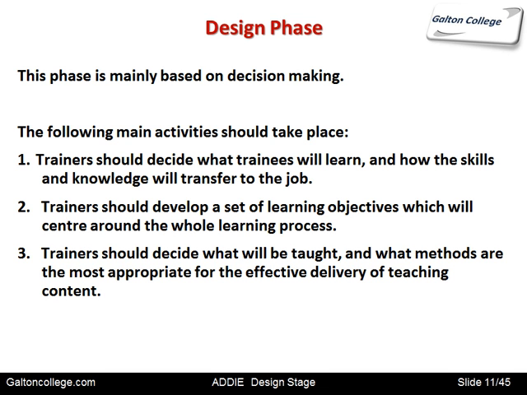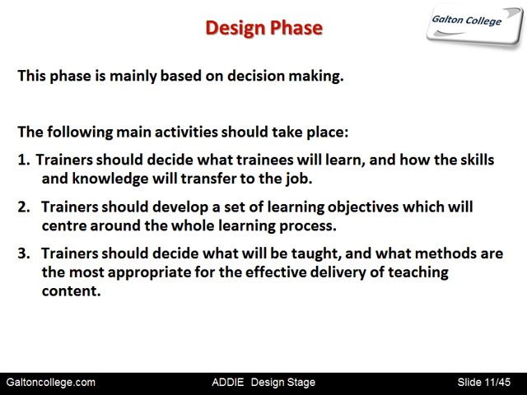So the trainers should decide what will be taught and what methods are most appropriate for the effective delivery of the teaching content. So once the trainers know what is required, perhaps the managers in the company have said they wish that their employees, their workers had certain skills, let's say that's where it started, then these become the learning objectives.